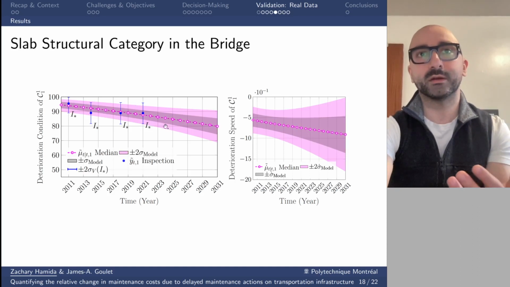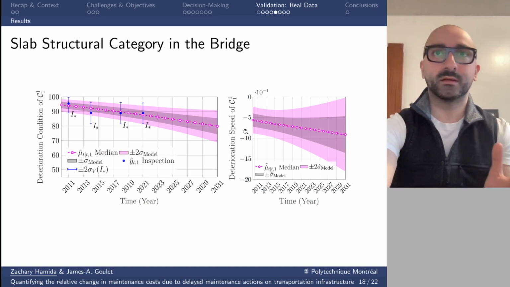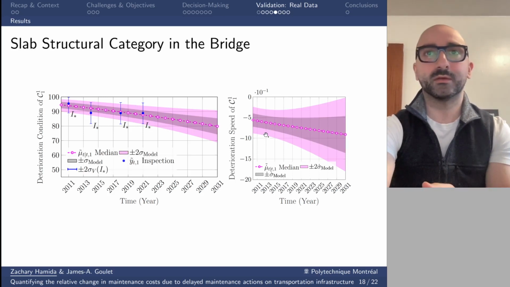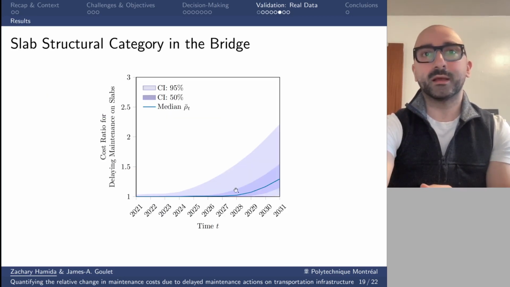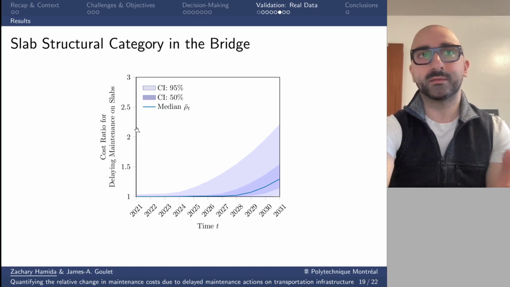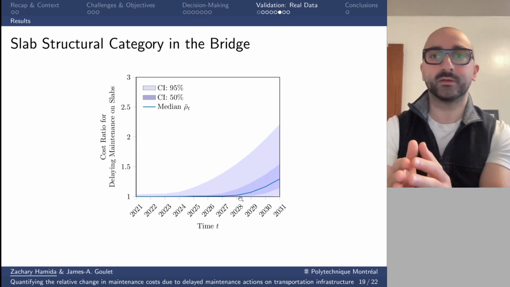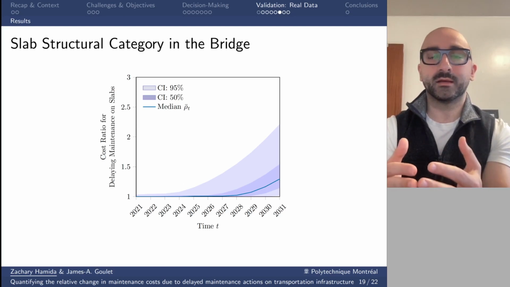And this is the deterioration condition estimate, and the speed, with the same time frame for the analysis, and we get this curve for the cost ratio over time.